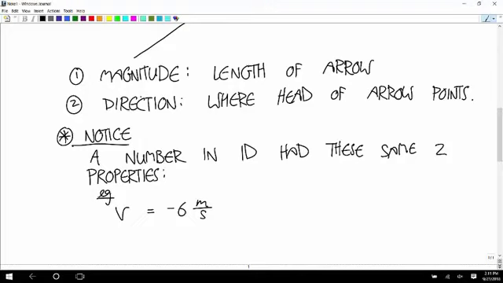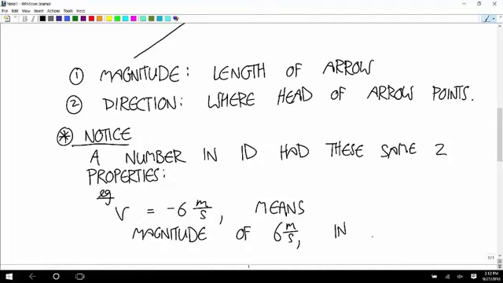So you'll have short ones and long ones, and those give the magnitude. Okay, so if you in 1D have a velocity of -6 meters per second, that means you have a magnitude of 6 meters per second, and it's pointed in the negative direction.